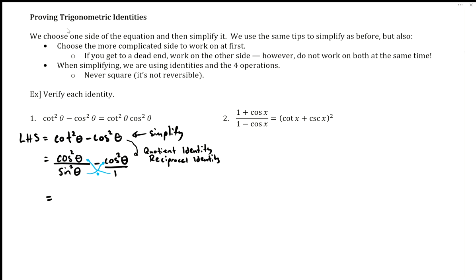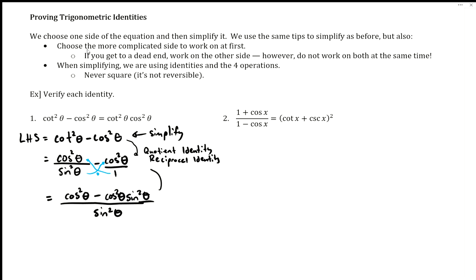I'm using my same strategy as before, so let's get a big fraction. Cosine squared of theta times 1 is just cosine squared of theta, and then minus cosine squared of theta times the sine squared of theta. And then down below, sine squared of theta times 1 is still just sine squared of theta.